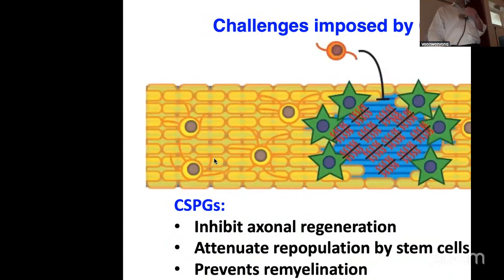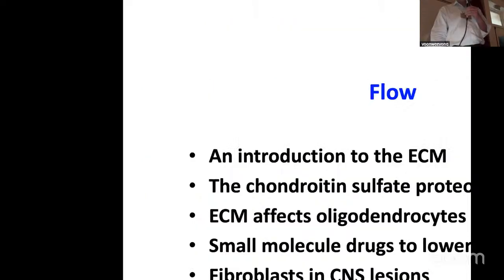And with regards to the challenges that are imposed by CSPGs, we would propose that the fluorosamins, by having a window of opportunity to inhibit the injury-enhanced production of CSPGs, may be able to reduce the subsequent accumulation of CSPGs in CNS lesions following injury.